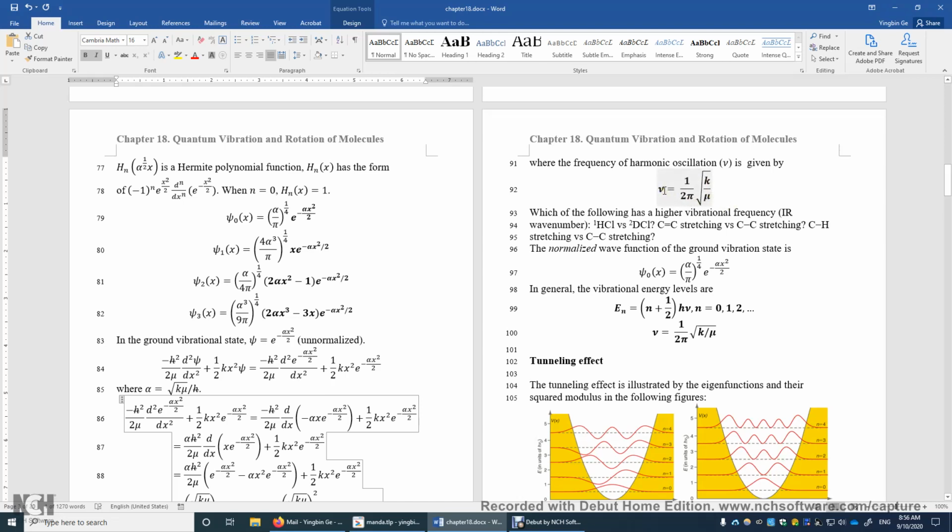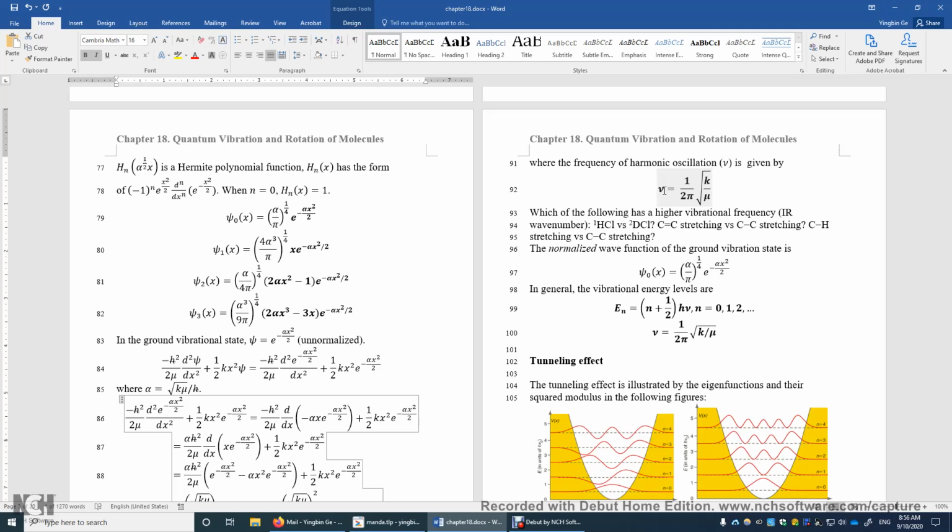So if you have learned infrared of some functional groups in organic chemistry, you'll see that if you are talking about a bond between a hydrogen atom and any other atom, usually you'll have a fairly high frequency because the reduced mass of HCl, HBr, HF is very small. You have a small mu, you have a higher frequency.